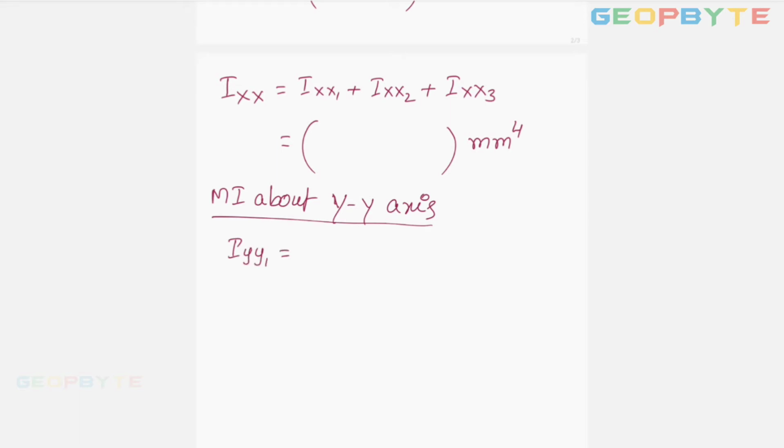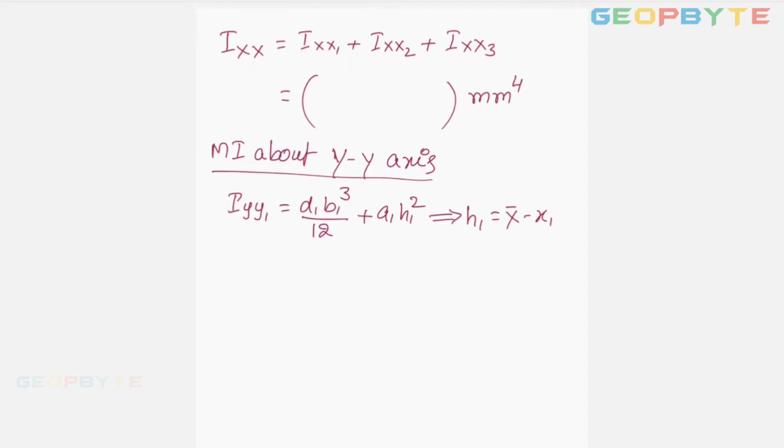Iy1 equal to d1 b1 cube by 12 plus a1 h1 square, where h1 equal to x bar minus x1. Here you simplify it for getting its value in mm power 4.